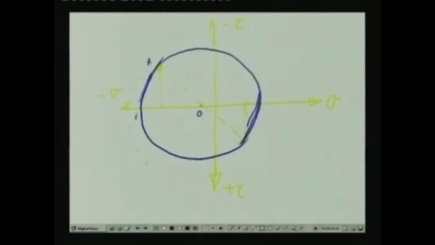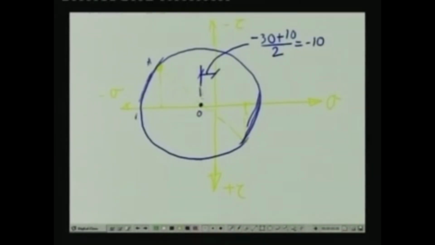And this gives us the Mohr circle, of which the center is this particular point, and as you know, the distance of this center from the tau axis is sigma x plus sigma y by 2. Now, here sigma x is minus 30, sigma y is plus 10, that divided by 2, gives you minus 10.